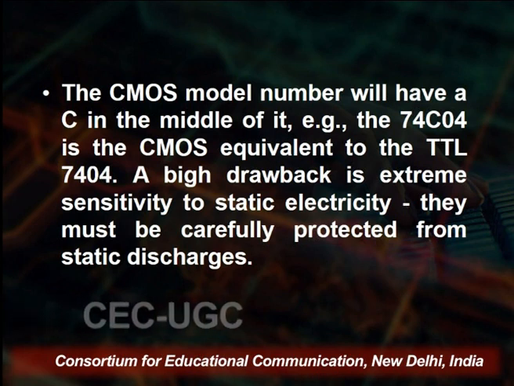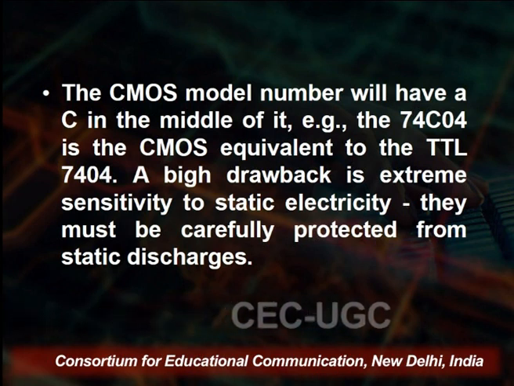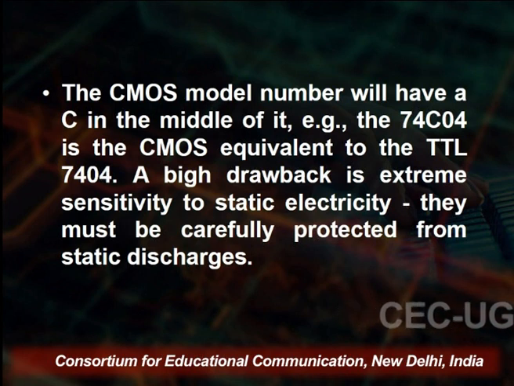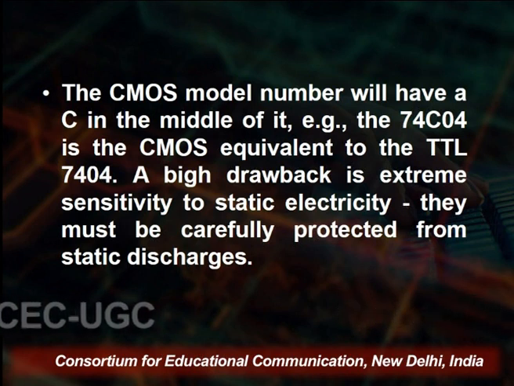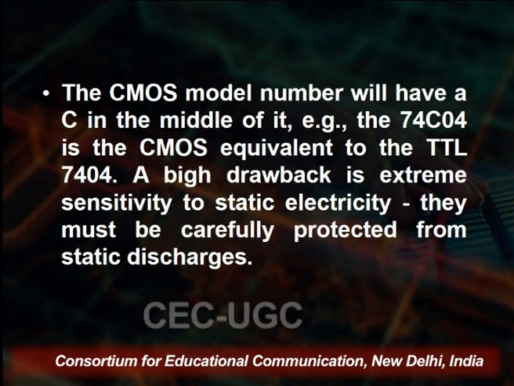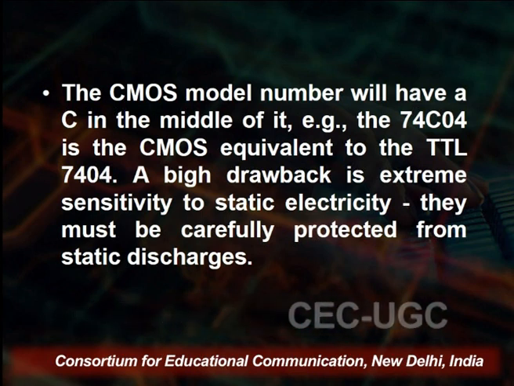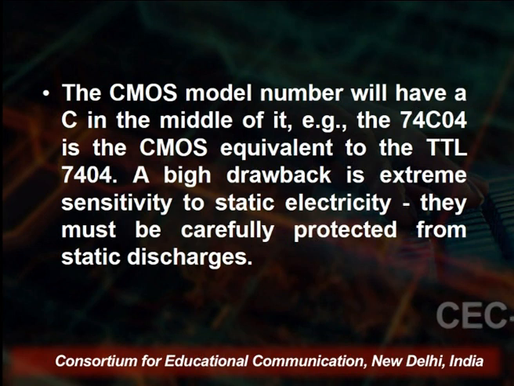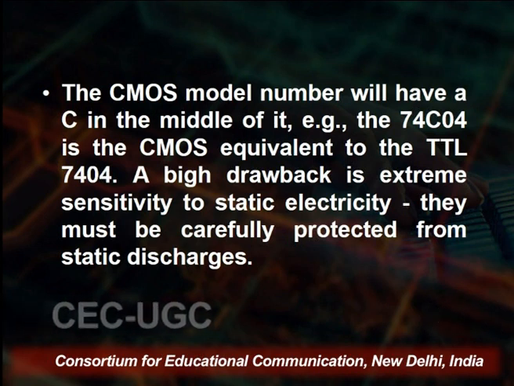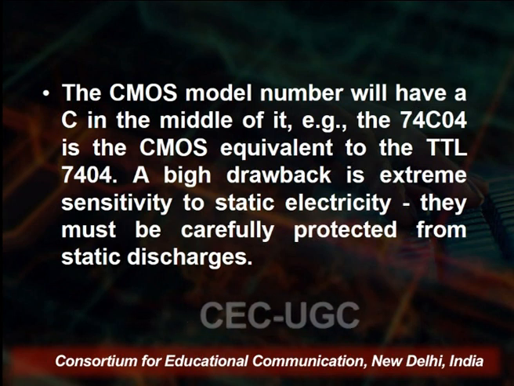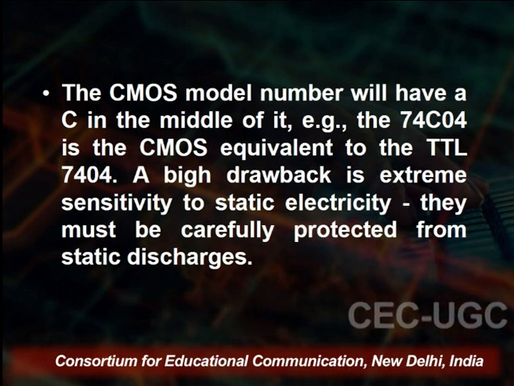Any CMOS model number has a C in the middle of the number. Like you see here, 74C04 is the CMOS equivalent to the TTL 7404. So this is the difference between the transistor logic and the CMOS logic. In CMOS logic the number is represented as 74C04, but here it is 7404.